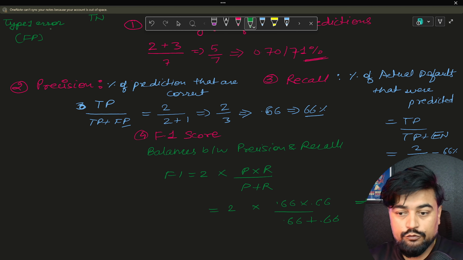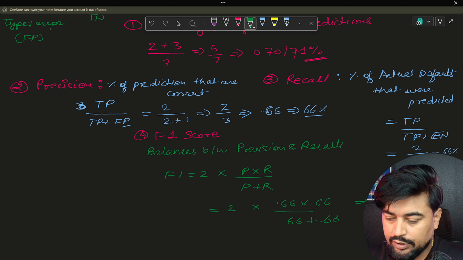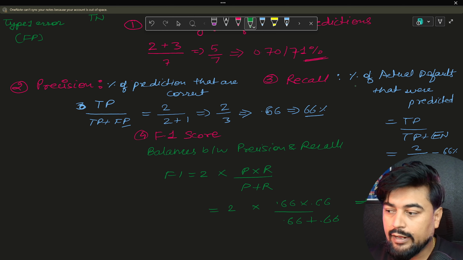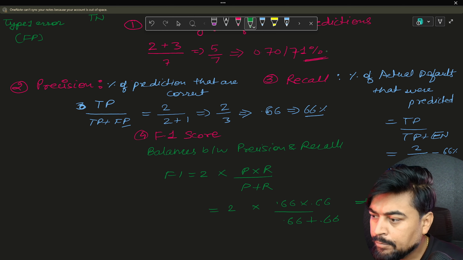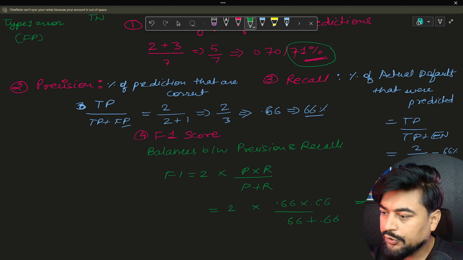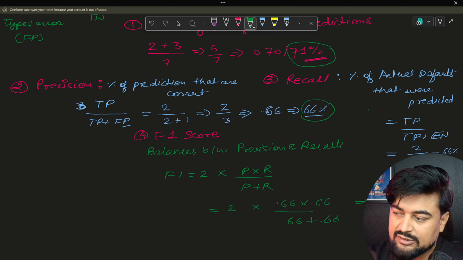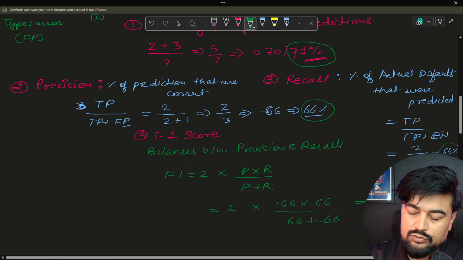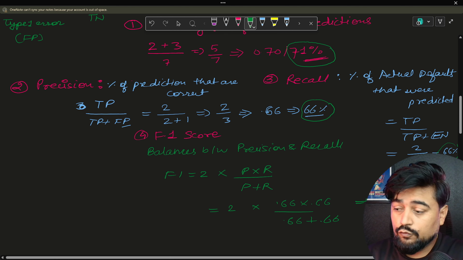This was the confusion matrix, which you can see up there, which we have already discussed. Now as a model validator, when you are working in a team for model validation, you will see that the accuracy is 71%, the precision is 66%, the recall is 66%, and the F1 score is 66%. Now what is your role?